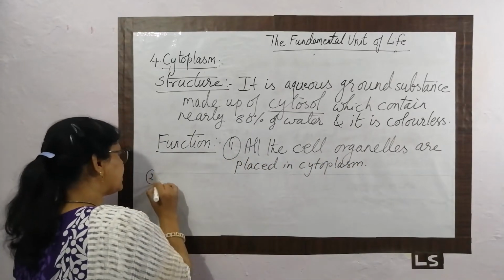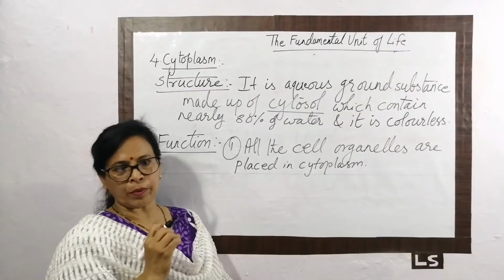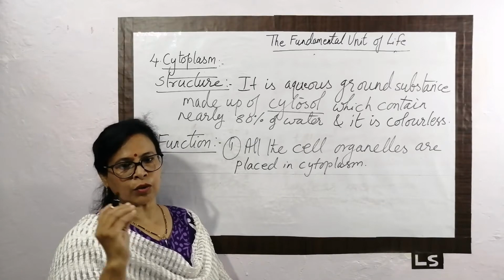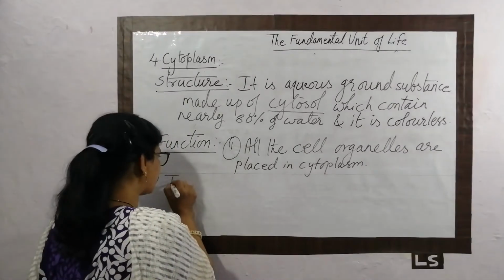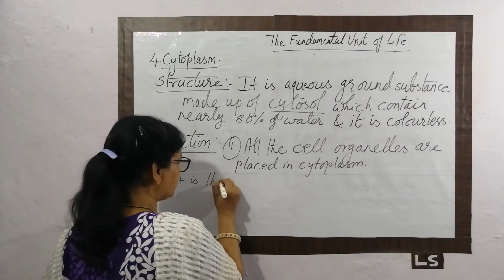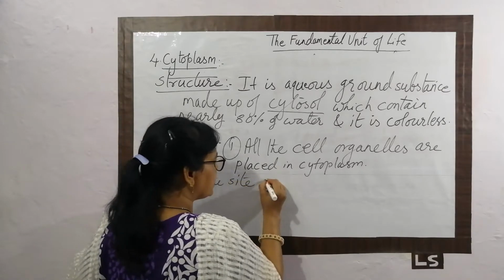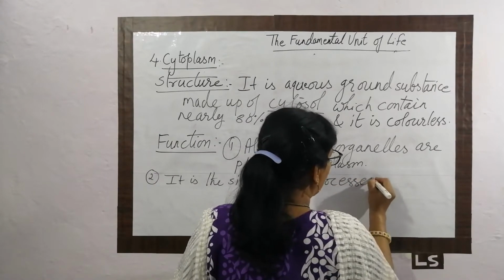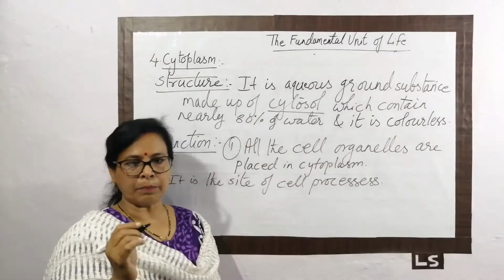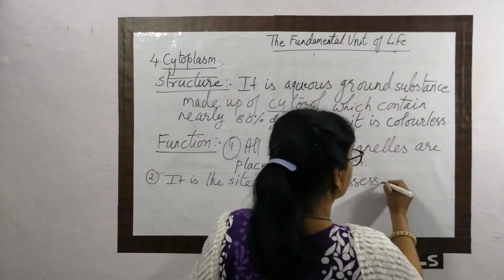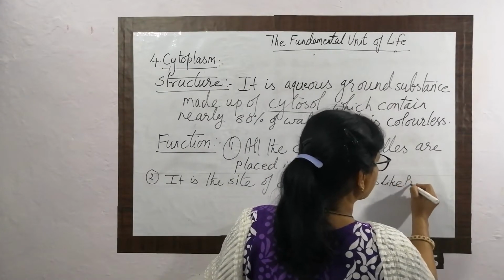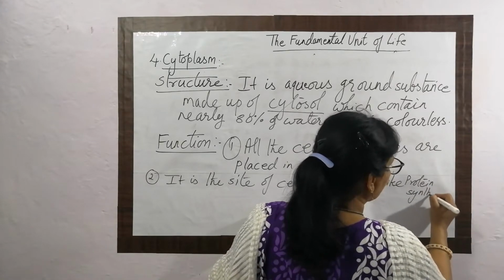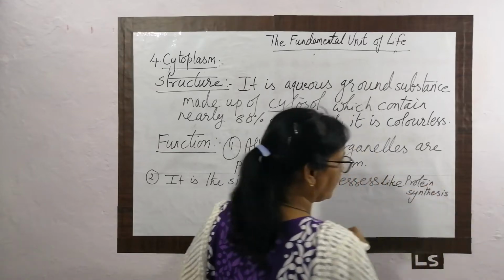Now, if all the cell organelles are placed in cytoplasm, then what happens? It helps in all the activities of the cell. It means it is the site of cell processes. Processes means all the essential activities which are needed by the cell, such as protein synthesis. Synthesis means to produce.